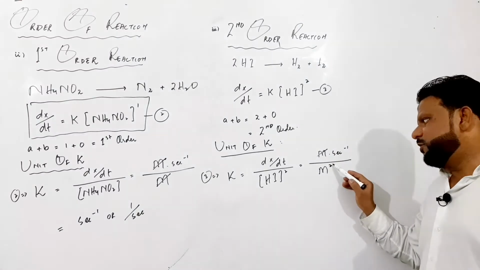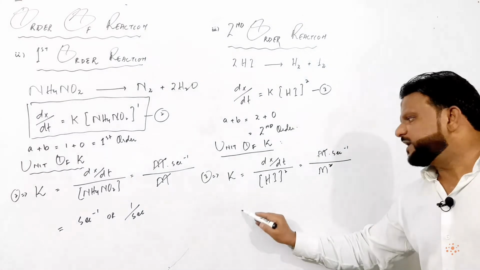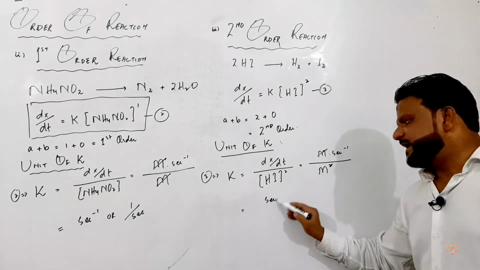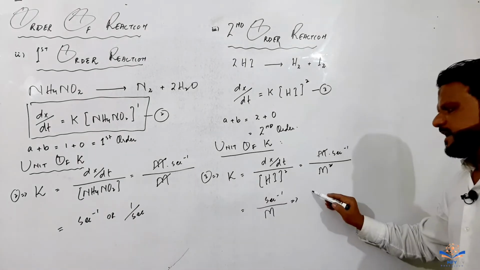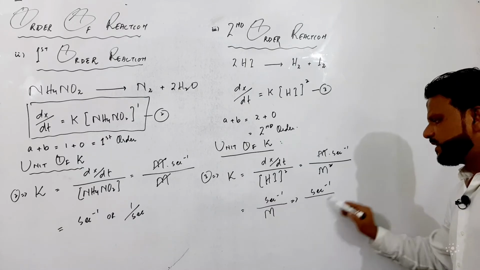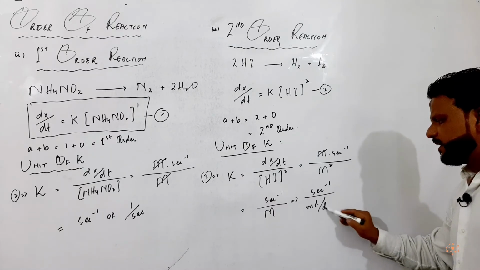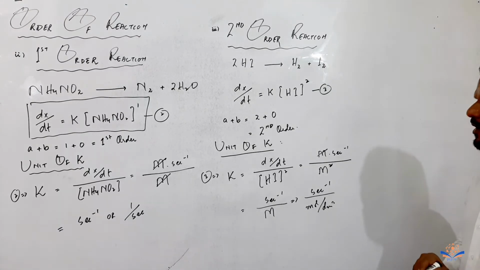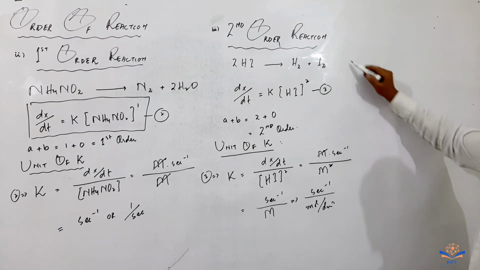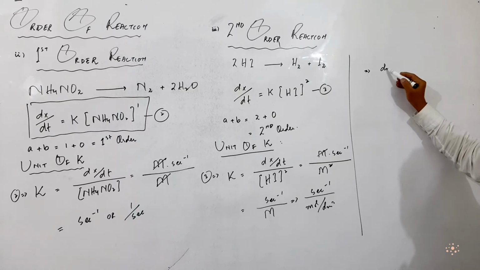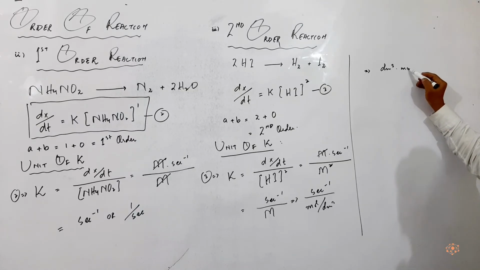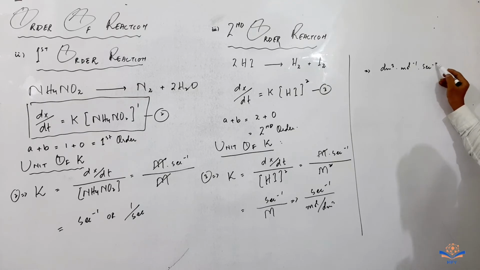M cancels out from M. Now it becomes second inverse over M. It can be written as second inverse over mole per dm cube, or we can write it as dm cube mole inverse second inverse.